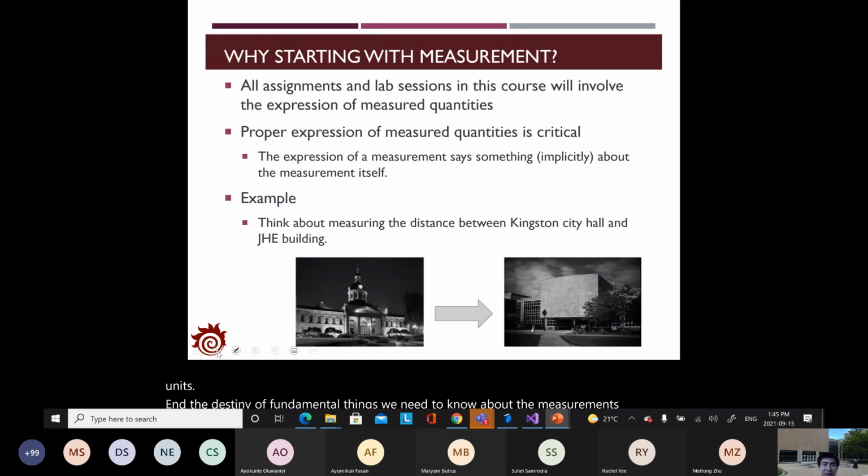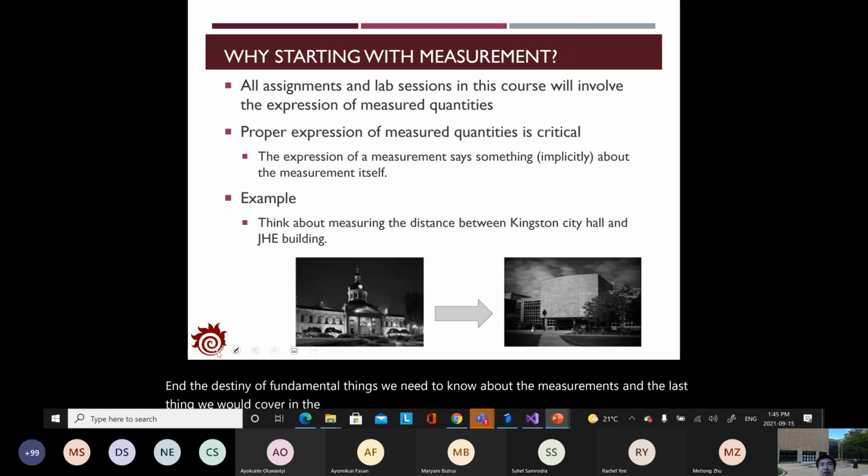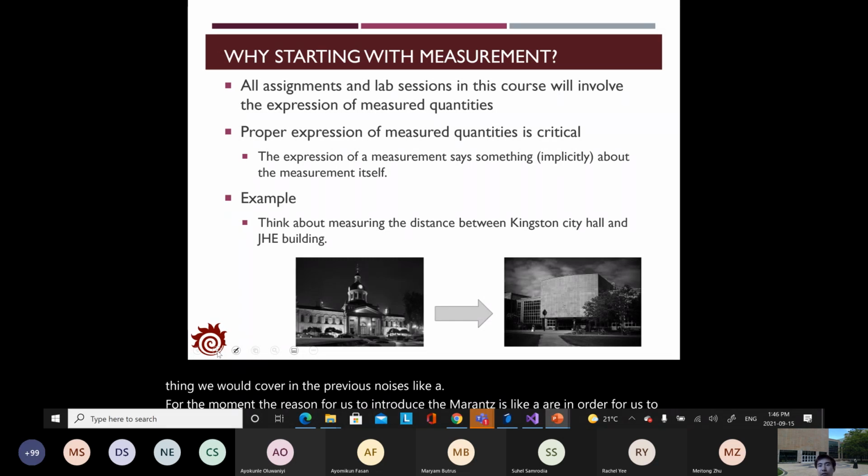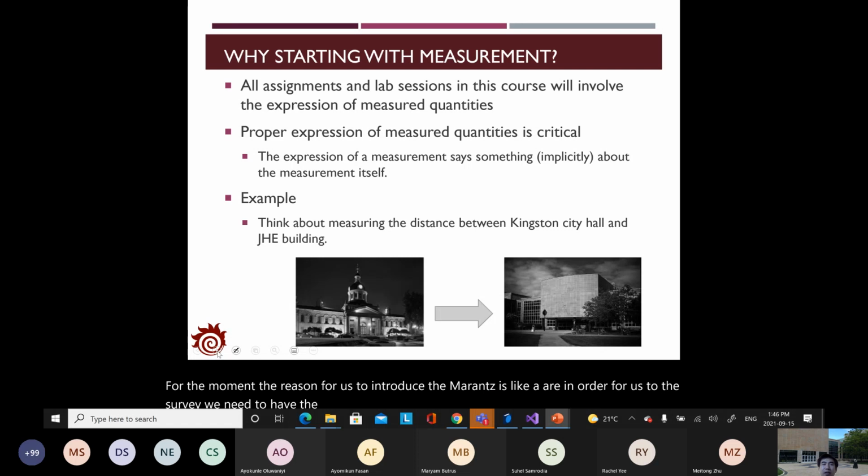And the last thing we cover from the previous notes is that the reason for us to introduce measurement is that in order for us to do surveying, we need to have appropriate measurements, to know the angles and the distances, and to know the best way to express the measurements in your lab sessions or in all your future projects.